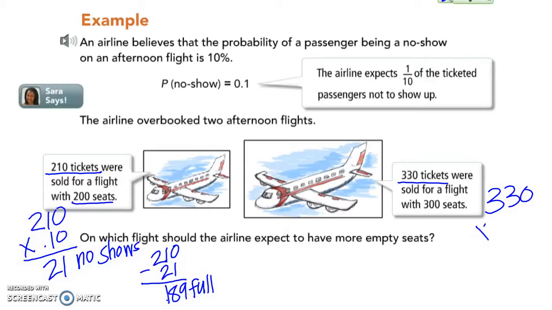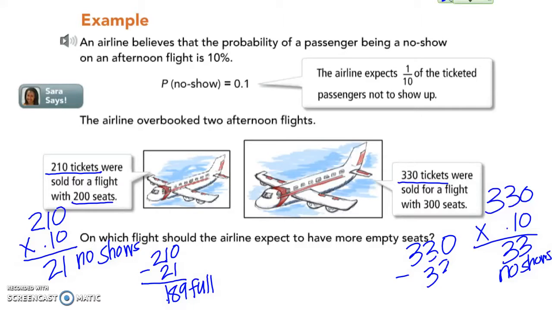So we'd multiply that times the 10% probability. How many no-shows? 33 no-shows. So then we would just subtract that, 330 minus 33, and that would give us 297 seats are going to be full, and if it has 300 seats, that means only 3 would be available.